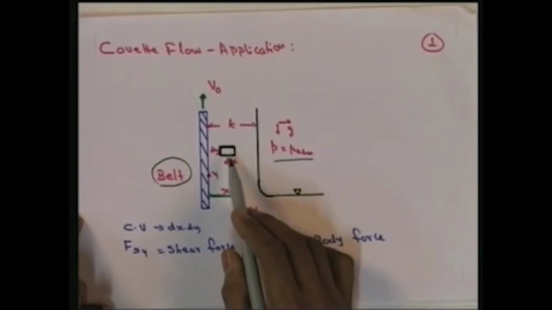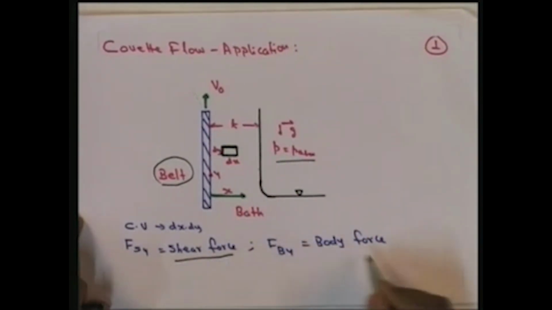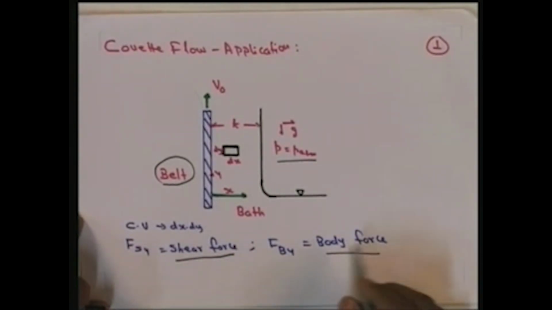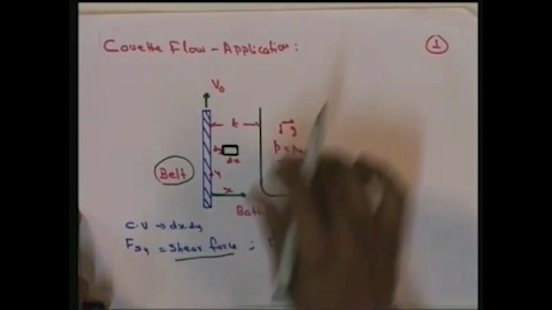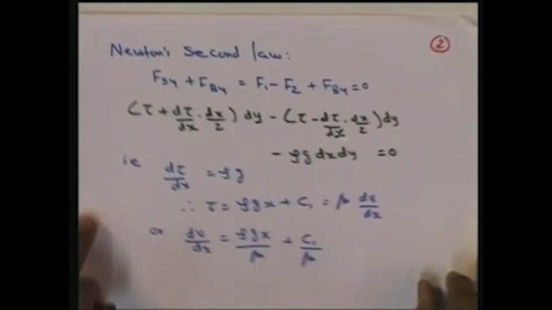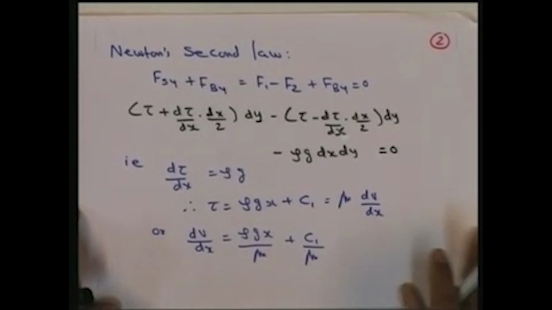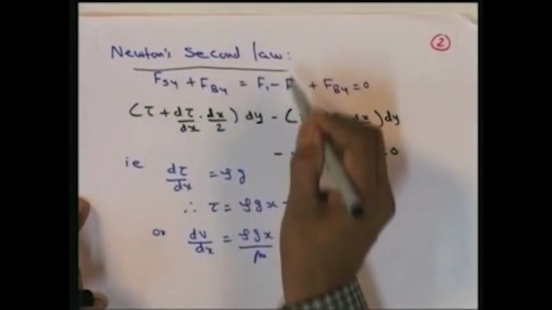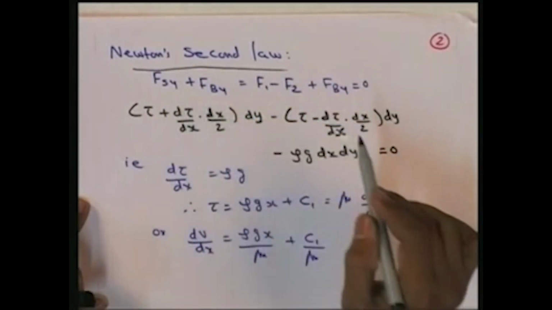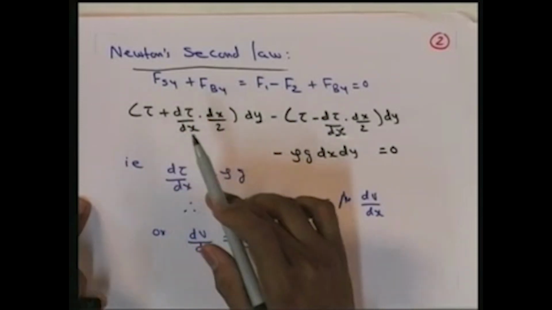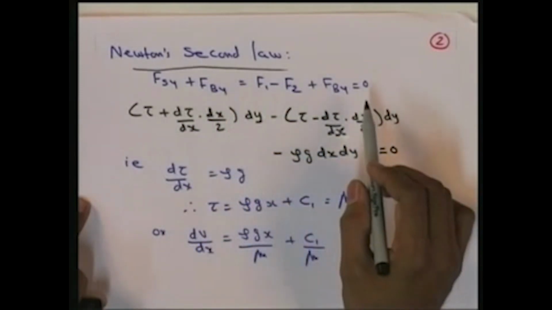So the forces are the shear force and the body force. Now, with respect to this figure, if we use Newton's second law, we can write F Sy plus F By, that is, the shear force and body force, equal to 0.